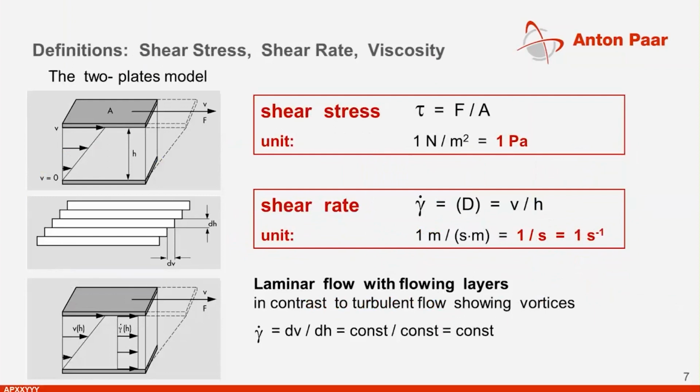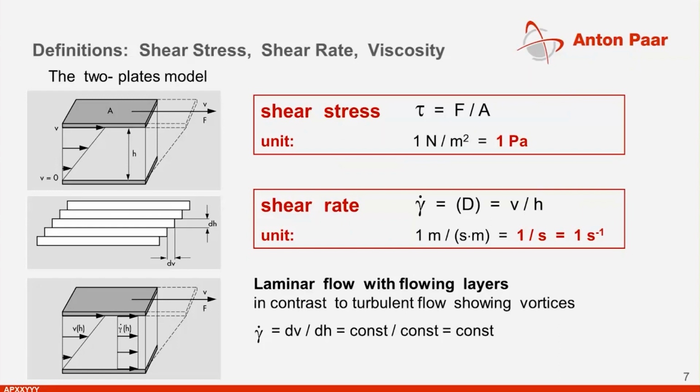So to explain how we get the values we need for the asphalt binder test with the rheometer, the so-called two-plate model can be used to explain the way the basic values are calculated. We can imagine that the lower plate is fixed and the upper plate is rotating and is shearing our sample.